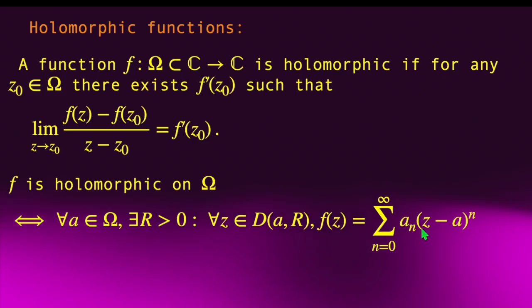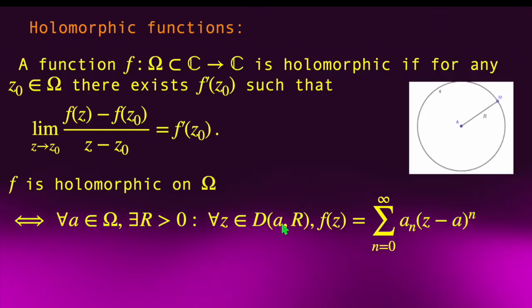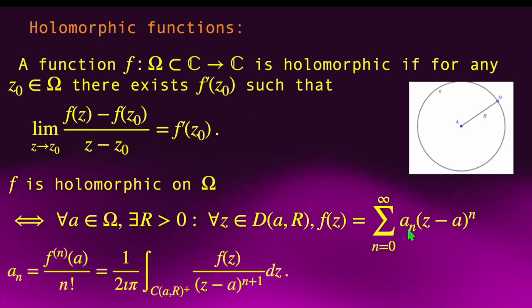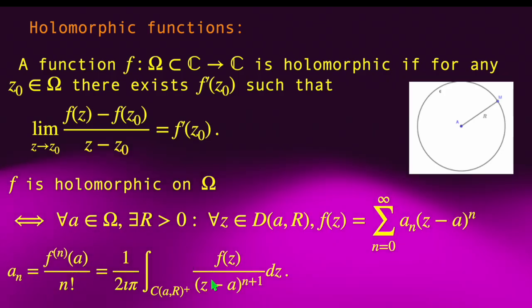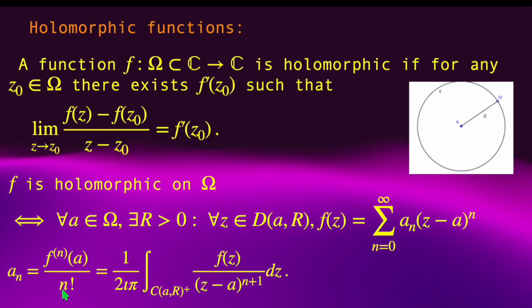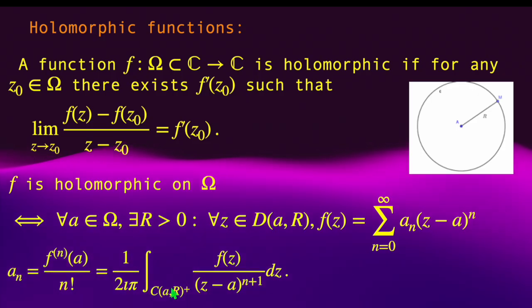And moreover, here on the disk of radius r, we can compute this coefficient by this beautiful formula. So a_n is actually the n-th derivative at a over factorial n, and it is equal to this formula.